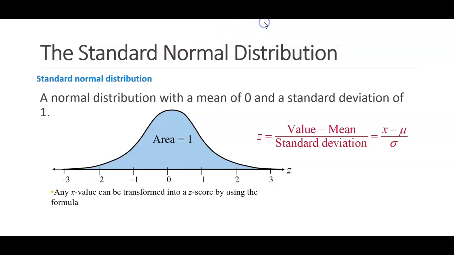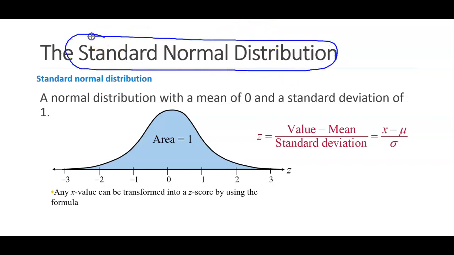But when I use the words standard normal distribution, keep in mind your mean should be 0 and standard deviation should be 1. Looking at it, this is the curve of a standard normal distribution. The mean is 0, and there is standard deviation 1 on each side.